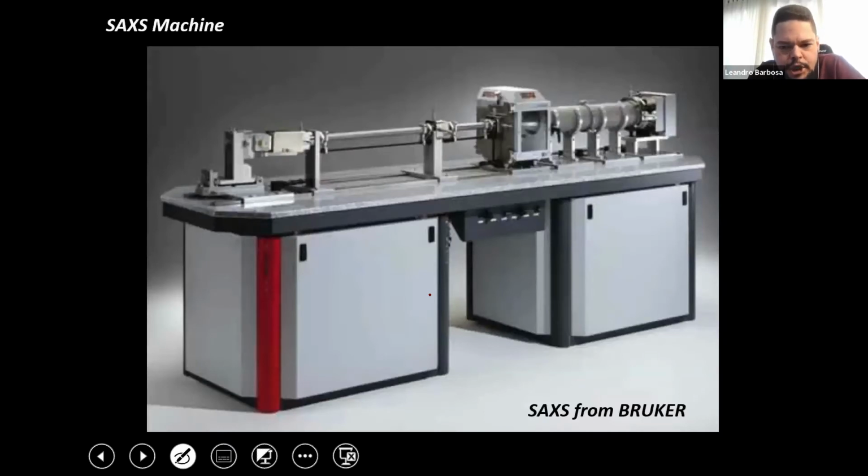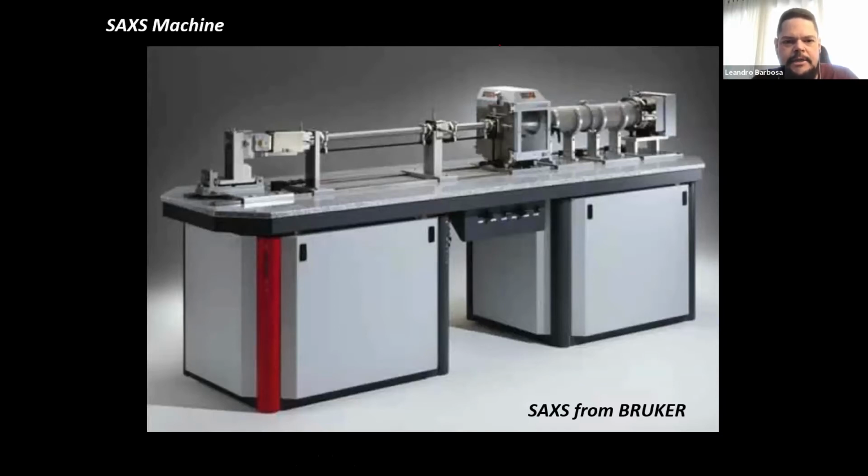This is a bench machine for small angle X-ray scattering. All the small angle X-ray scattering machines are quite similar to one another. The main components of every small angle X-ray experiment: you have a source, an X-ray source, which in this case is a conventional X-ray tube.